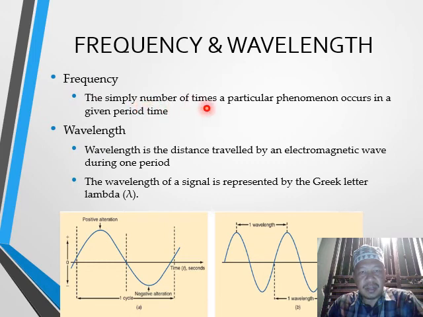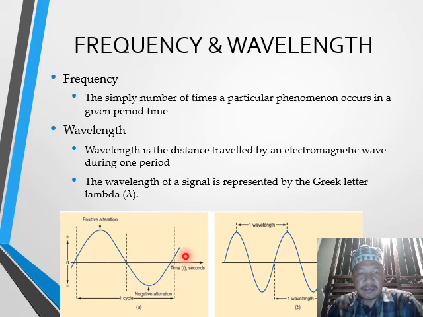Frequency is simply the number of times a particular phenomenon occurs in a given period of time. Normally we say how many rotations per minute or rotations per second. But wavelength is the distance traveled by an electromagnetic wave during one period. The wavelength is represented by the Greek letter lambda.